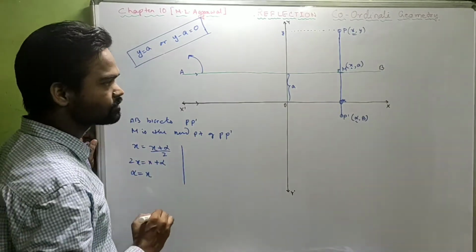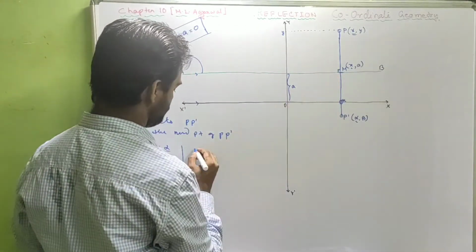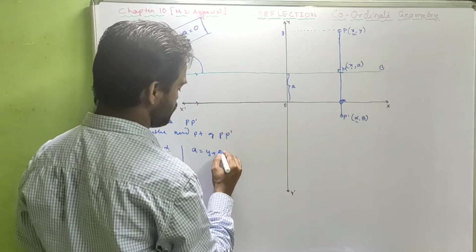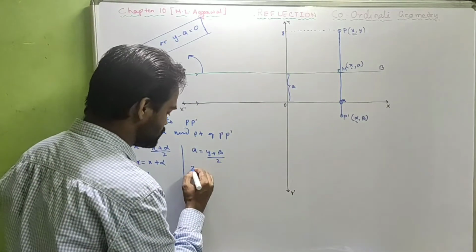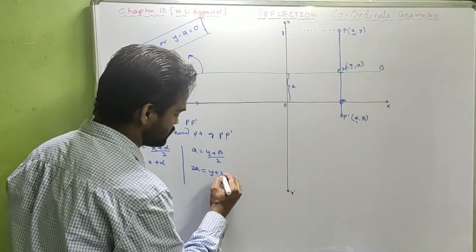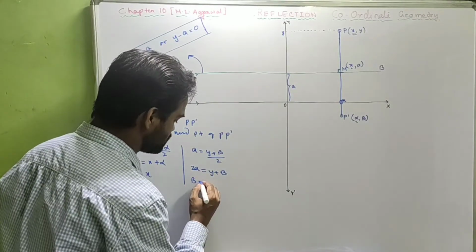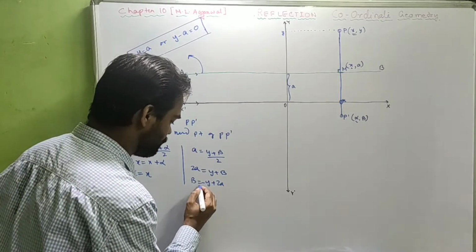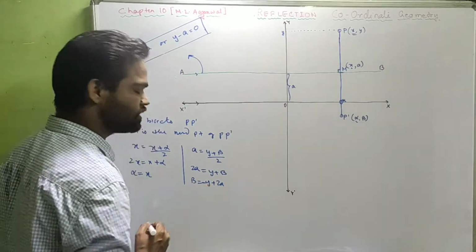We got it. Similarly, A is equal to (y plus beta) by 2, which means 2A equals y plus beta, which means beta equals minus y plus 2A. Isn't it?